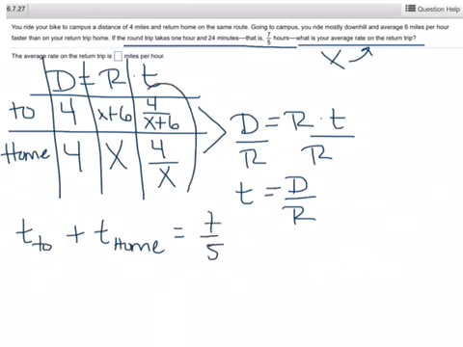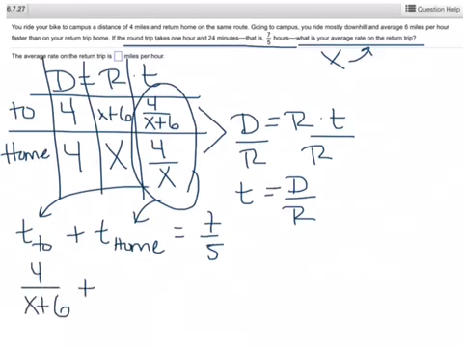Plugging in these two times, we get 4 over x plus 6 as our value for the time going to campus, plus 4 over x as the value for the time coming home, and that should be equal to 7/5. Now we have a rational equation that we can solve. Let's go to the next page to solve that.